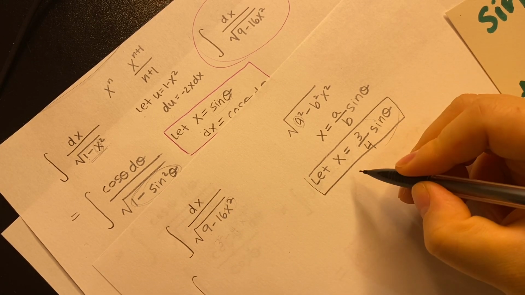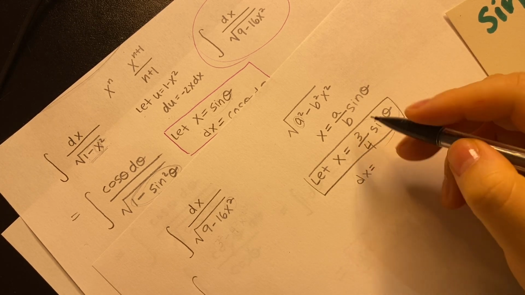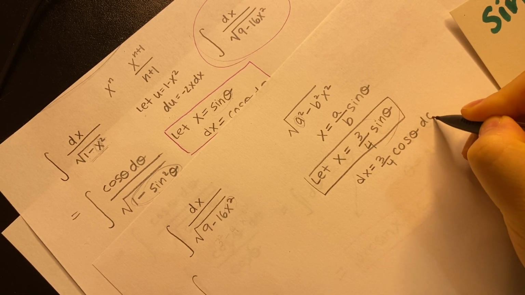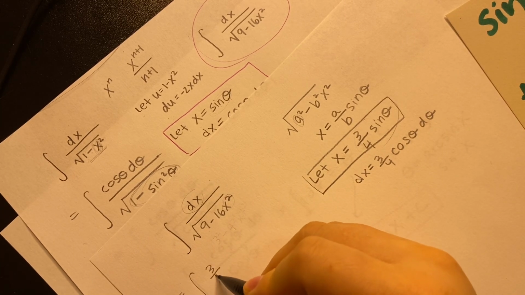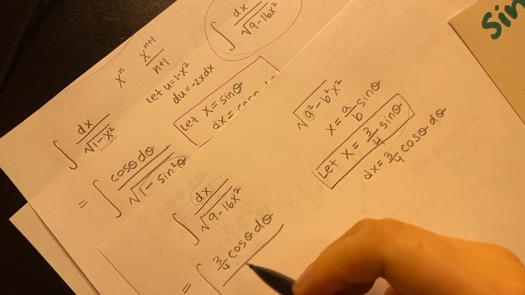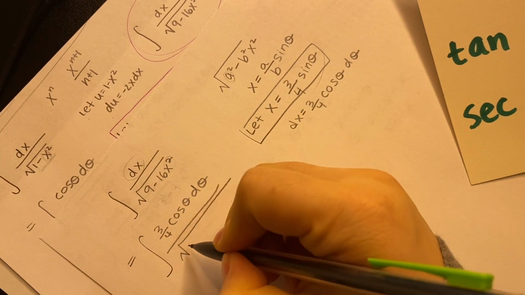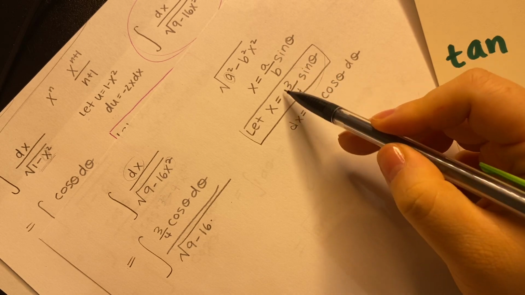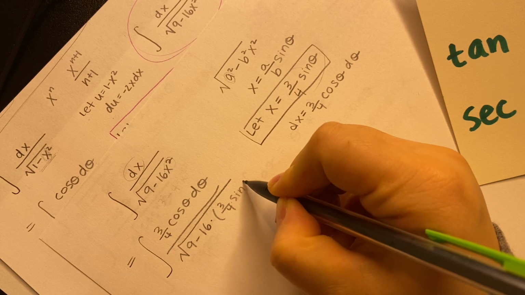So let's carry out the actual substitution the exact same way as before. The derivative is 3/4 cosine theta d theta, so I still have to do my dx as this whole thing: 3/4 cosine theta d theta over the square root of, and I'm going to write this out step by step here, 9 minus 16 times, we're going to square this whole thing, 3/4 sine theta squared.